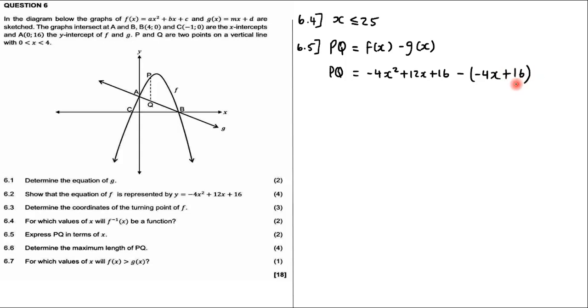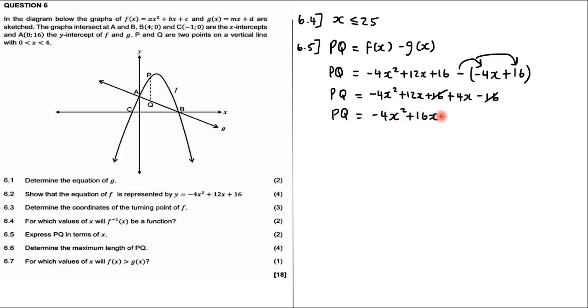Make sure that you put in these brackets because it means we're going to multiply this negative in there. Now our PQ is minus 4x squared plus 12x plus 16 plus 4x minus 16, and then this cancels with that. So our PQ is minus 4x squared plus 16x, and that is how we write it in terms of x.